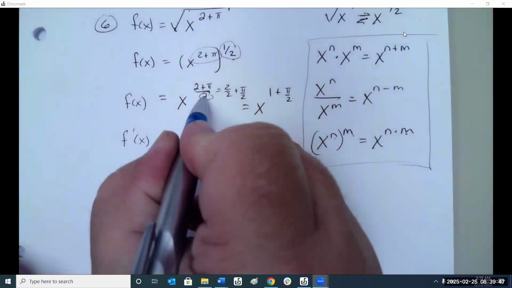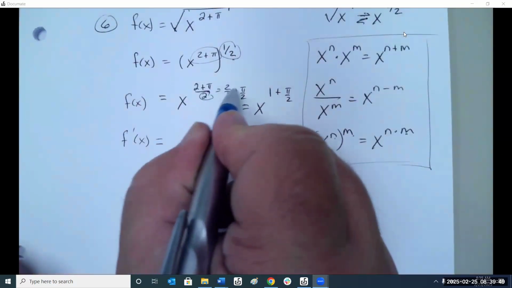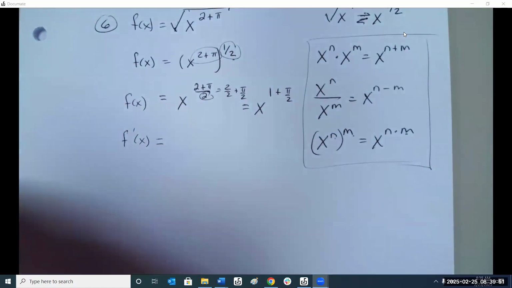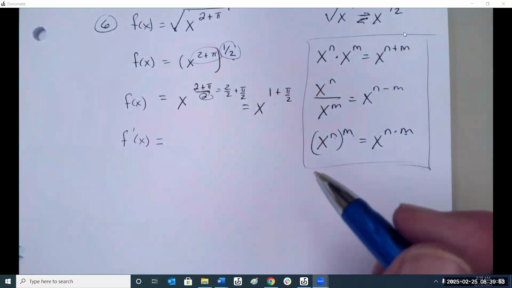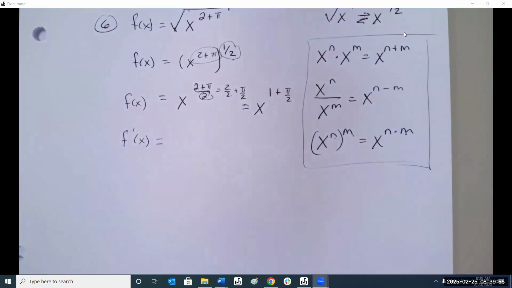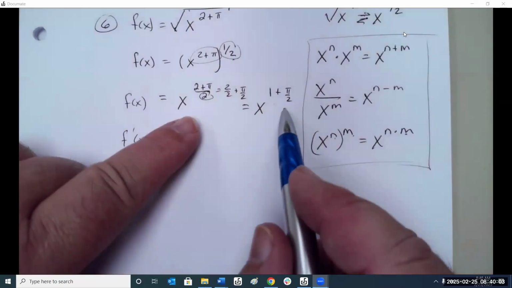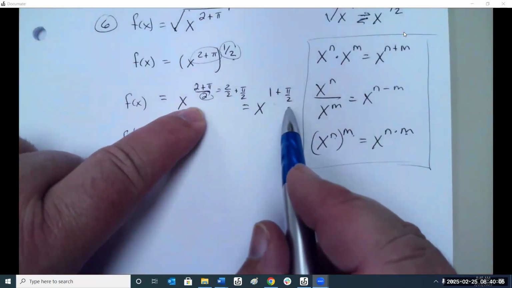Since you have a single term, a monomial on the bottom, you could divide both of the numerator terms individually, which would give us this. That's not really going to make anything more difficult or easy, but which one do you think is going to be more fun to work with?